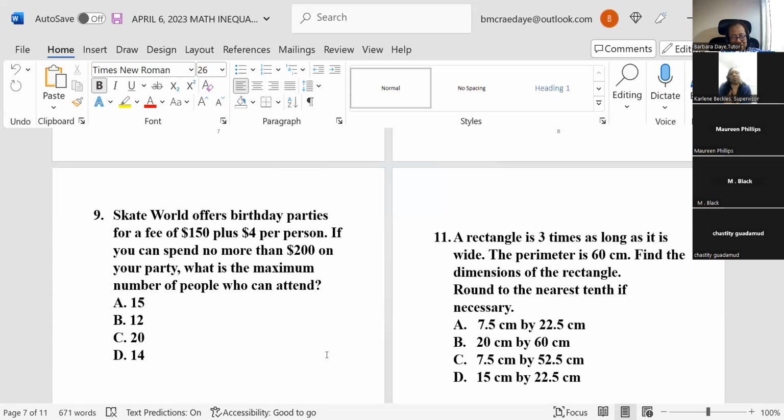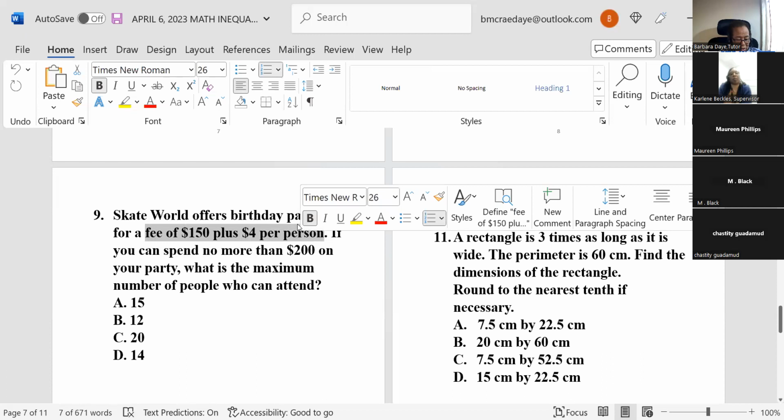Anybody got an answer? This is another mental math, actually. We spend $200, right? You have a budget of $200, no more than, which means you can't spend more than your budget.